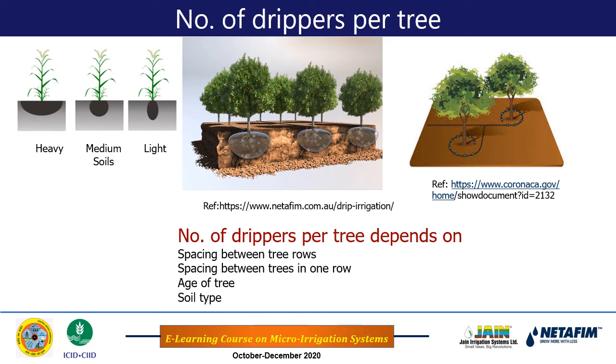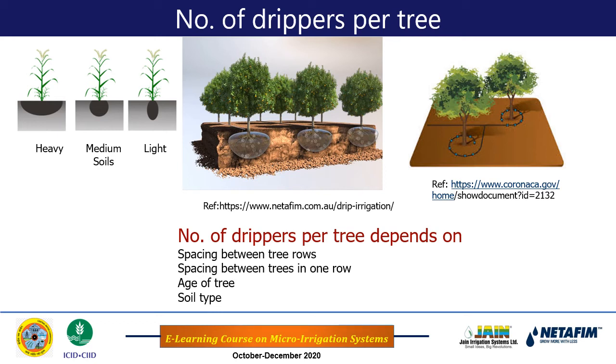And actually the age of the plant will also make a difference. Suppose we consider a pomegranate plantation in medium soil or in say heavy soil. In case of the heavy soil, the pomegranate plantation in first year will need only 1 emitter, whereas if we have the pomegranate plantation in light soil in first year, it will need 2 emitters.